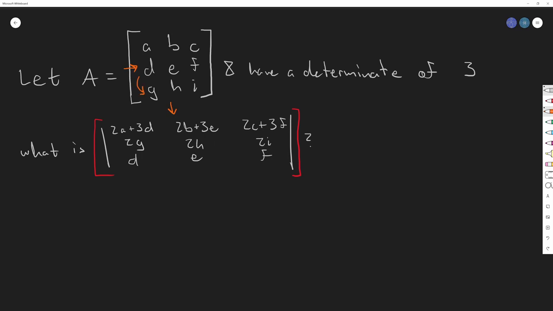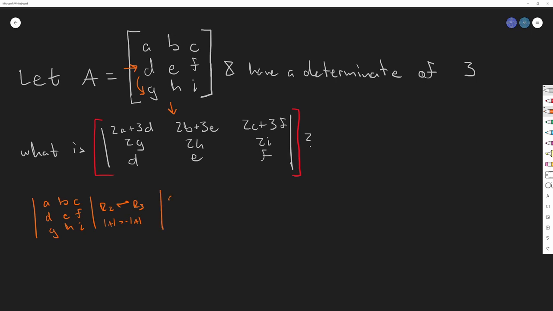So I'm just going to rewrite matrix A and then do the row operation where row 2 and row 3 flip. What ends up happening is that the determinant gets multiplied by -1. So the determinant of A would just be equal to -A.